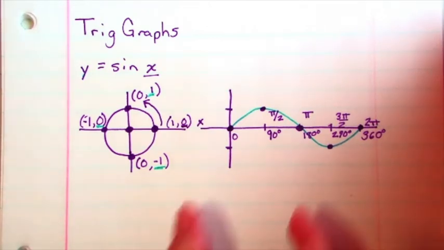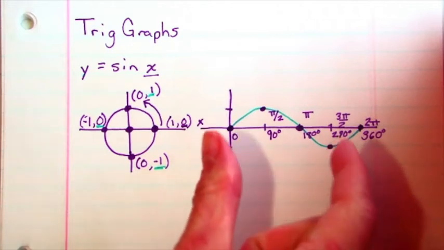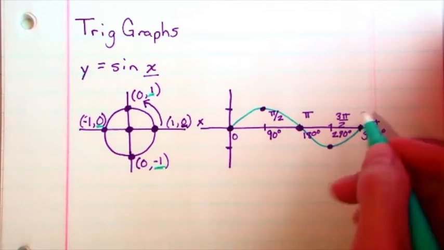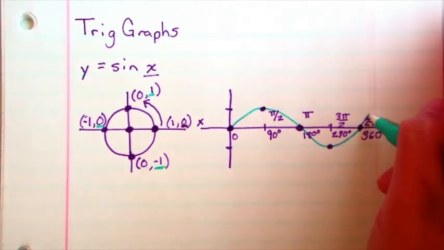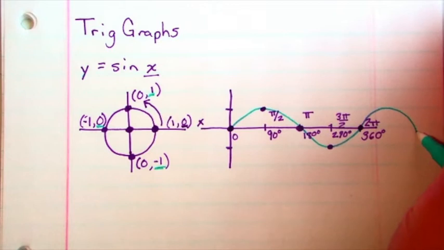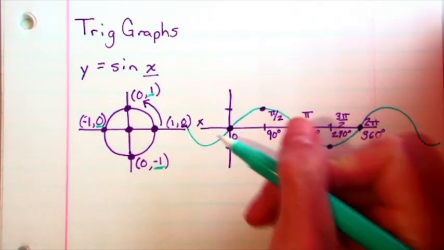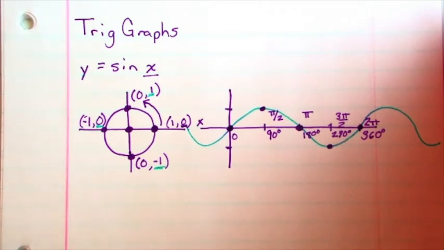So I can take this section and replicate it as many times as I need to the right and to the left. So this is going to go on forever, that same pattern in both directions. It's just going to keep doing that wave thing forever and ever.